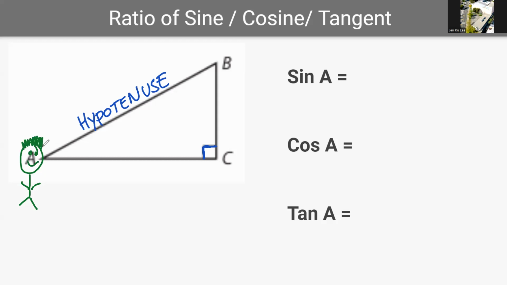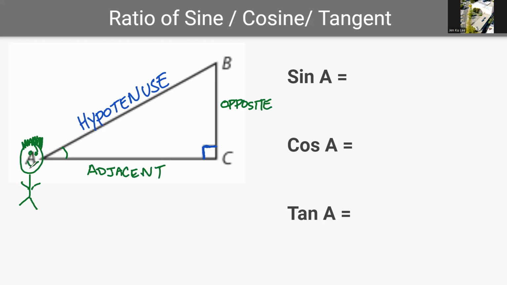If I'm looking at it from the viewpoint of this angle A, then BC is the opposite side of angle A. And AC here, this last side, is called your adjacent side, because adjacent means next to.